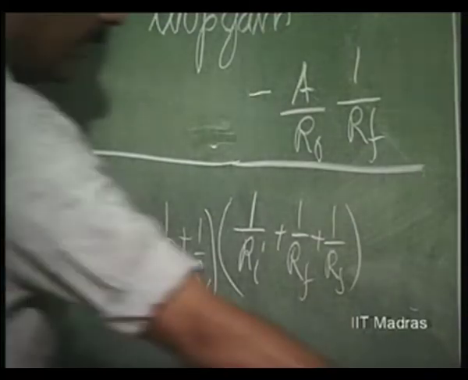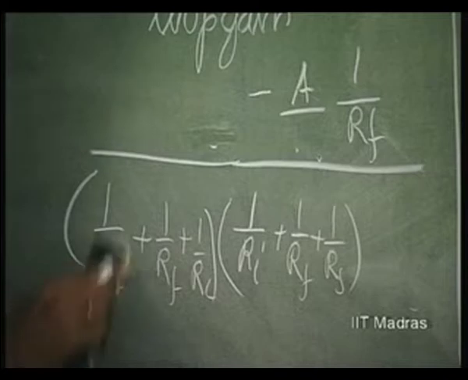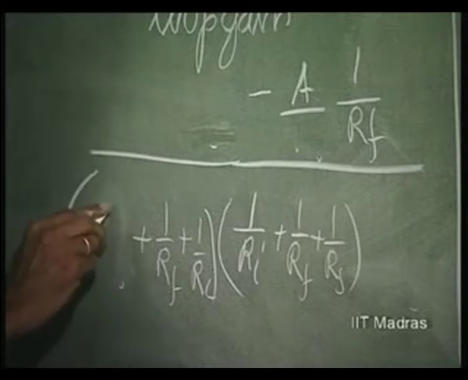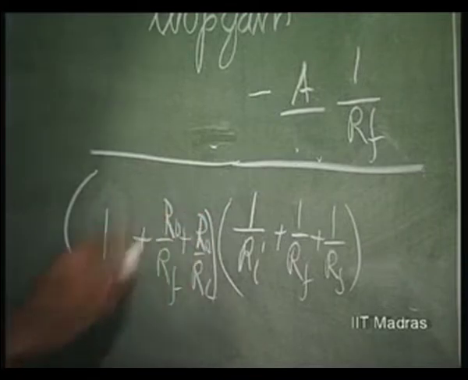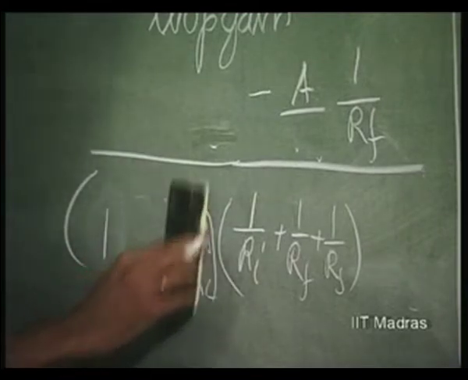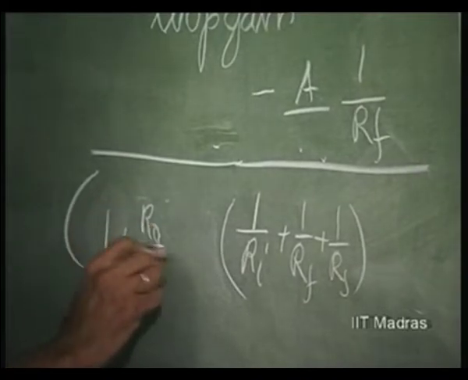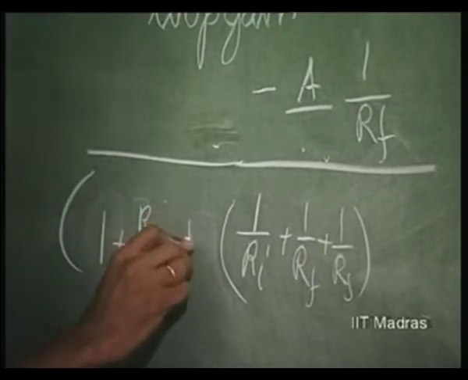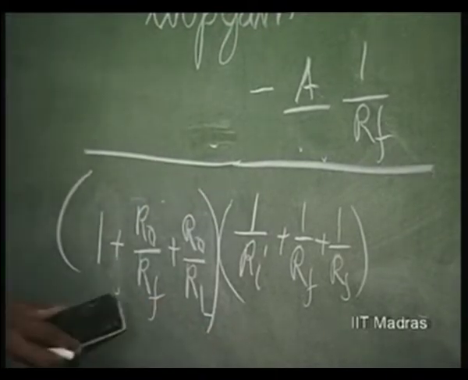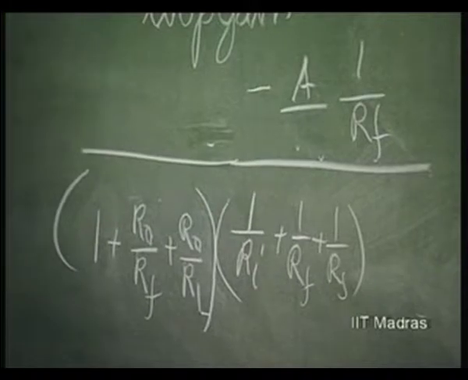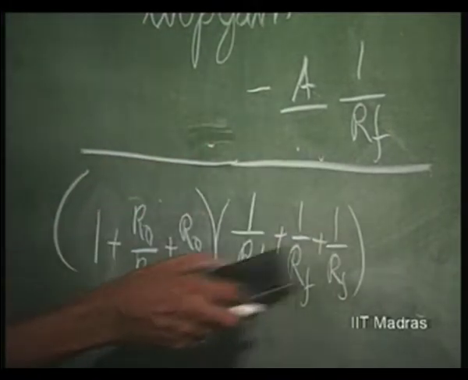So, we can again make the approximation R naught can be taken inside. So, I will rewrite it: 1 plus R naught by Rf plus R naught by Rl. Once again Rf can be taken inside this.